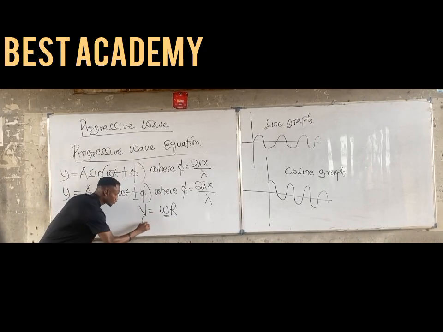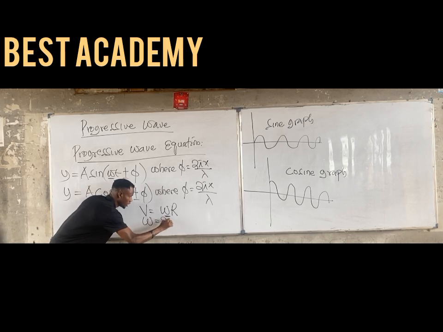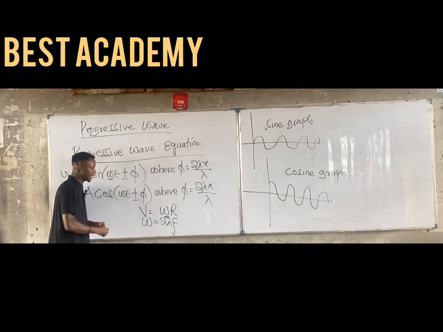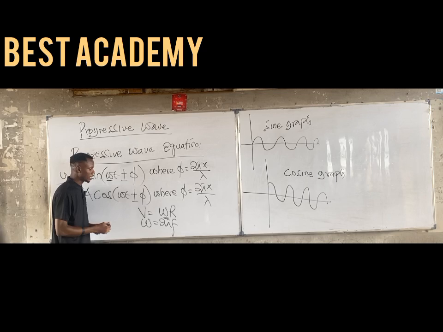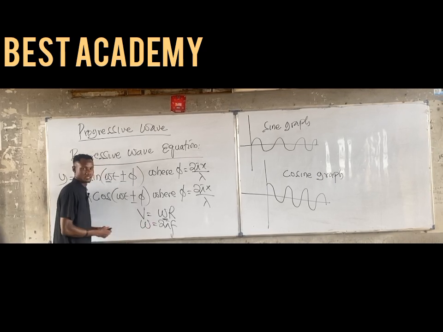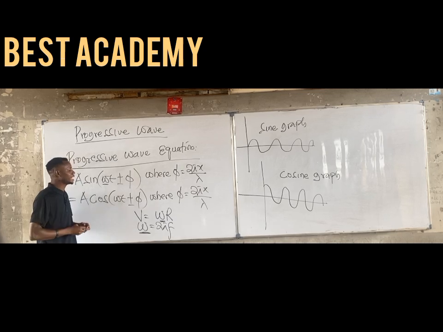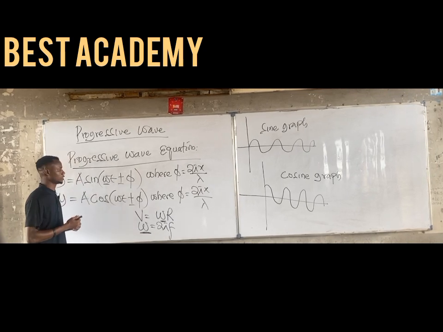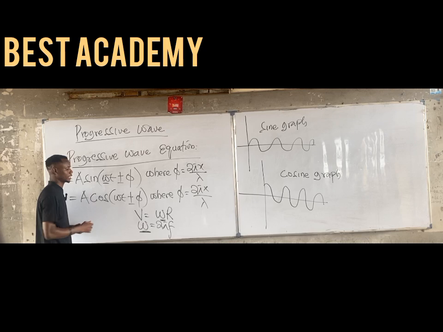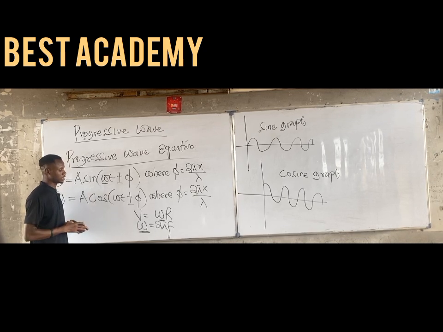But if you are relating this omega with frequency, like omega equal to 2 pi f, we are going to call this omega angular frequency. So omega is always named depending on what you are relating it with. Please take note of that.